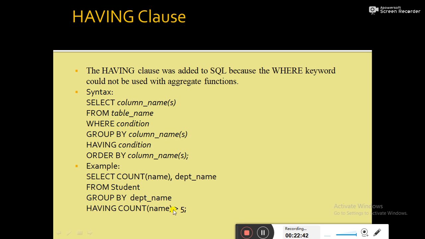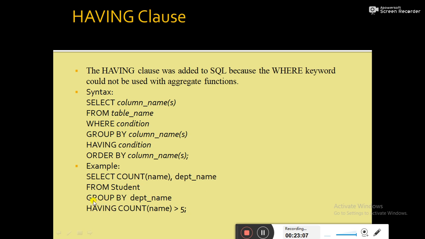That means in that case CSE and IT will be there, ECE will be removed. Now after applying this having clause, we are left with 2 groups, CSE and IT. And from these 2 groups we are counting the name for each department. So it will display the number of students present in the CSE department and the number of students present in the IT department.